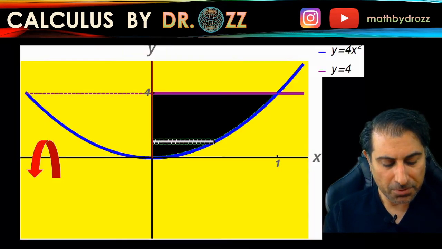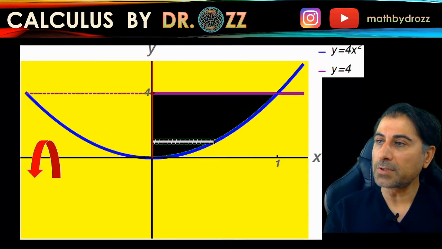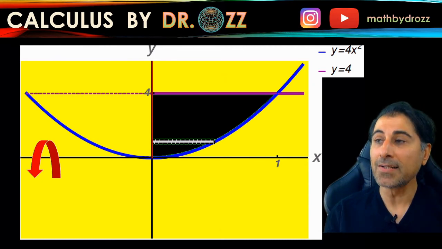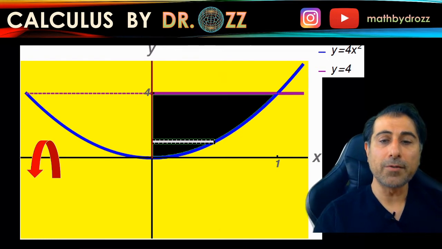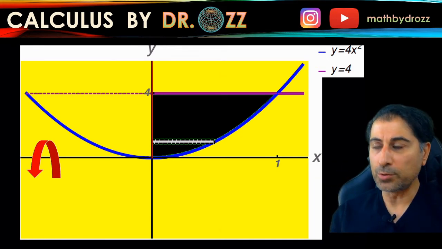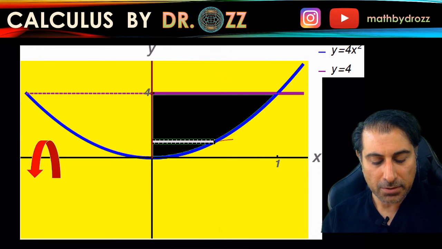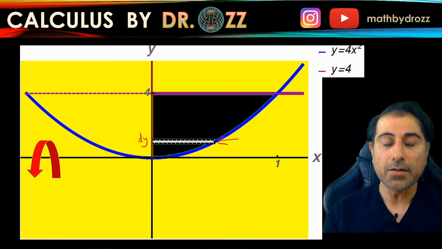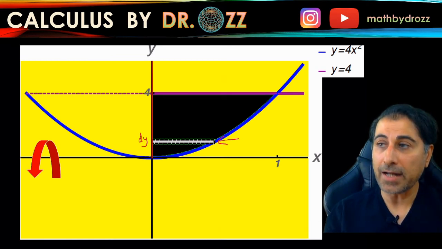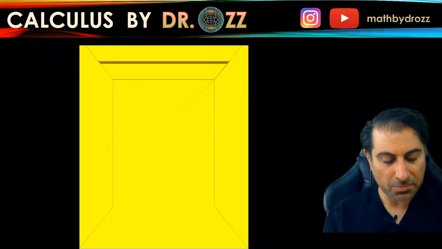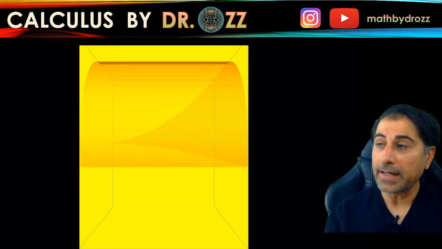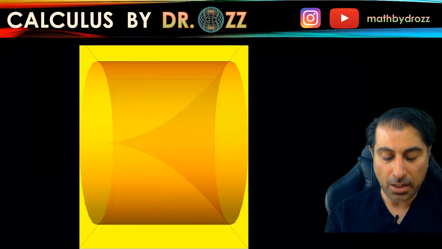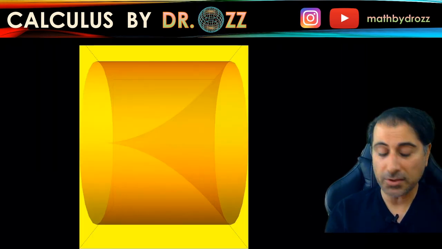The region looks similar to what we had in the previous problem, but this time, since the axis of revolution is the x-axis, I'm going to take a representative rectangle parallel to the x-axis. So my rectangle is going to look like this. The thickness is going to be here, obviously dy, different from the previous exercise. You're going to revolve this region around the x-axis, and you're going to get this kind of nice three-dimensional object. Please practice this problem as well.